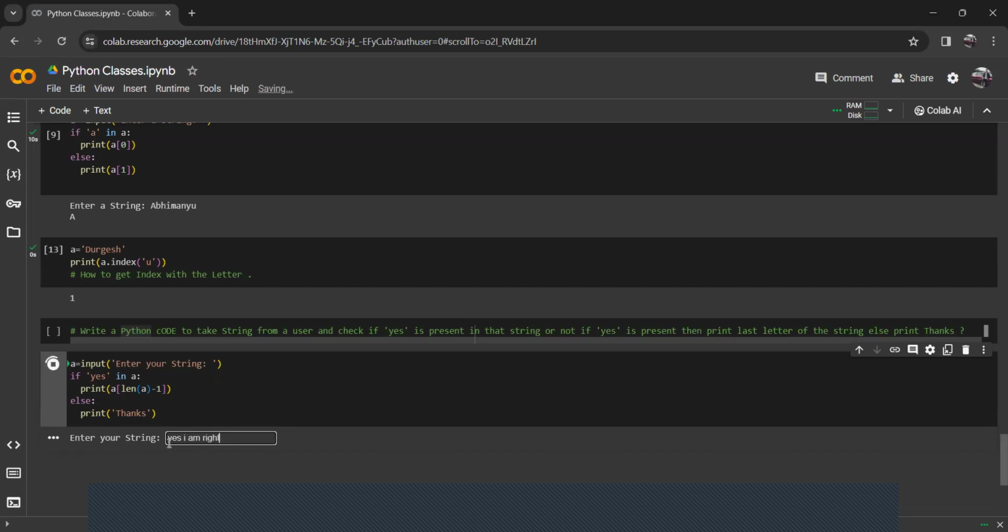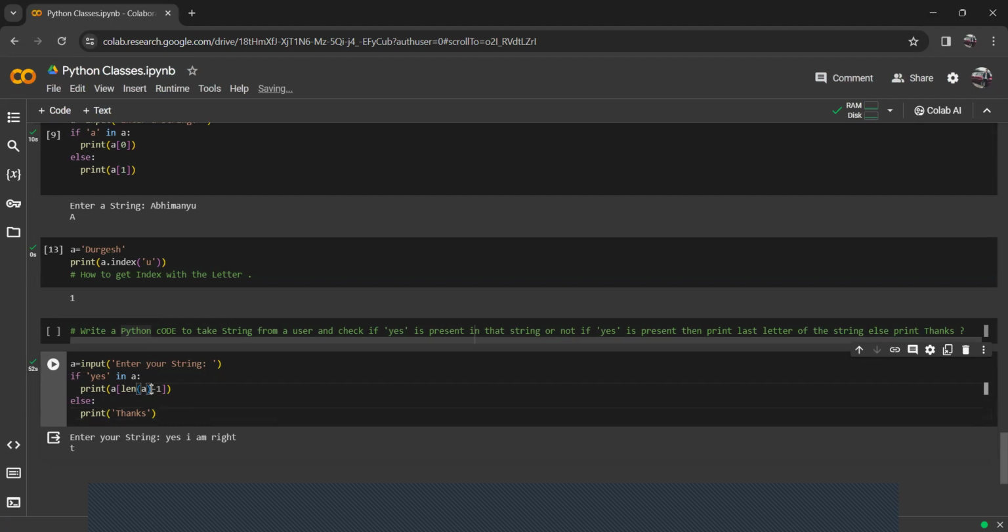Now let's check, if I want to print the last character, what is the length here? 1, 2, 3, 4, 5, space, 6, 7, 8, 9, space, 10, 11, 12, 13, 14. So it is 14. If you start from 0, there is no index at 14, so the last index will be length minus 1. It will give you a T here. So let's enter. T is the output.